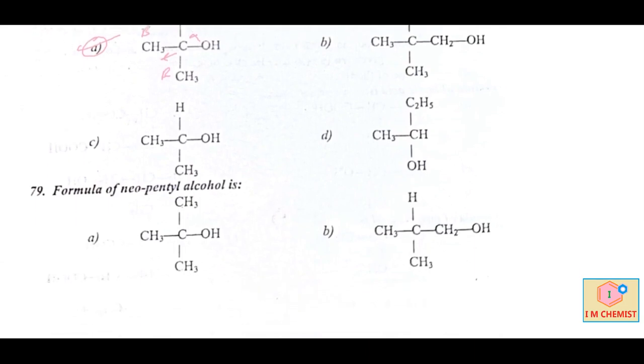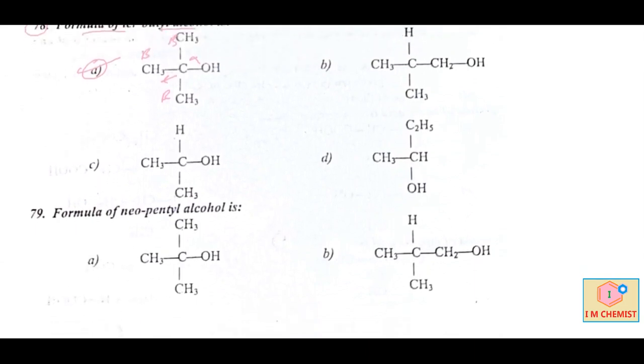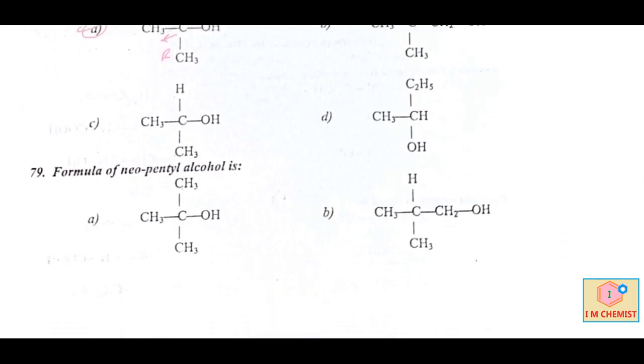MCQ number 79, formula for neopentyl alcohol. So let me draw the formula for neopentyl alcohol. It would be like this: you have a carbon that is attached with methyl group, this carbon is further attached with methyl group, and this is also attached with methyl group, this is further attached with CH2 group, and further at the end it is attached with hydroxyl group.